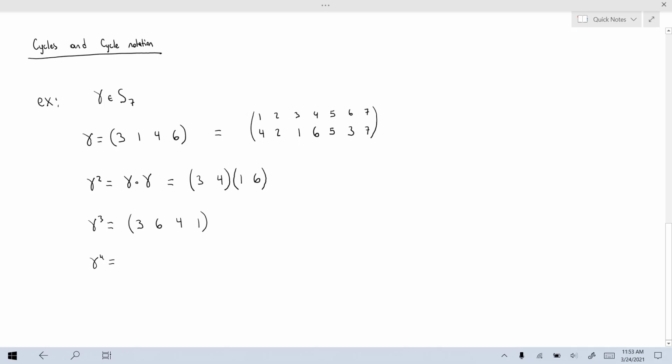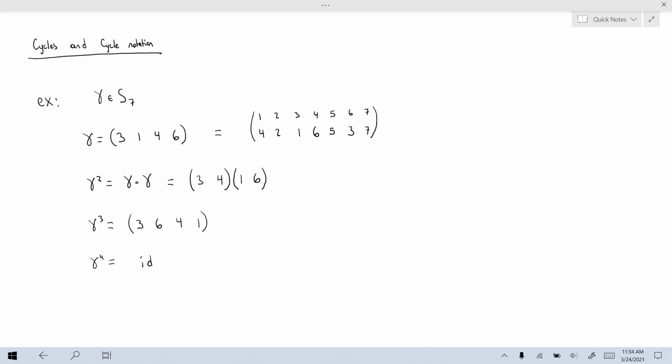Now if you continue, gamma to the 4th power will map 1 to 4, 6, 3, so ultimately to 1. Since 1 maps to itself, I don't need to write anything for that either. 4 will also map to itself, and likewise 6 will map to itself, okay? So gamma to the 4th power maps every number to itself. That means that gamma to the 4th power is the identity permutation.